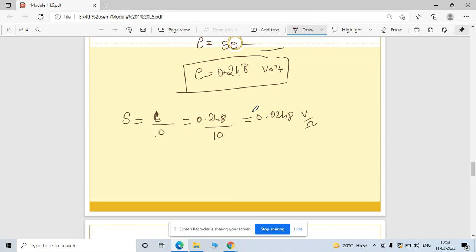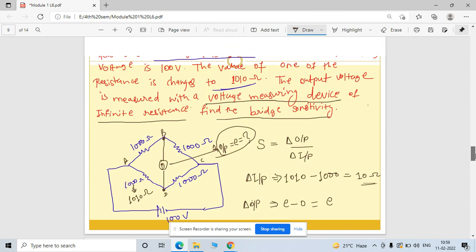You can also specify this value in millivolt per ohm, which is 24.8 millivolt per ohm, or roughly 25 millivolt per ohm. I hope this problem is clear to you.